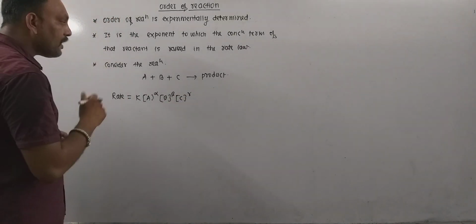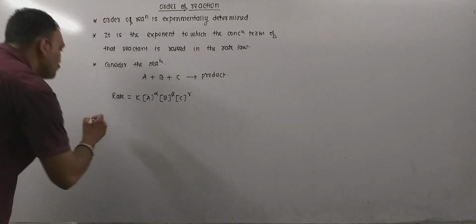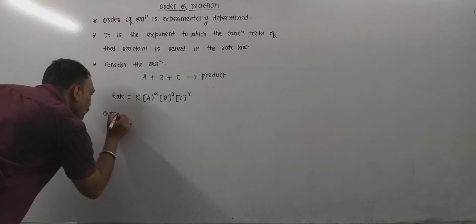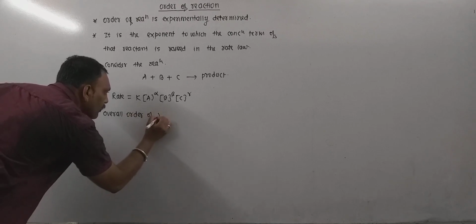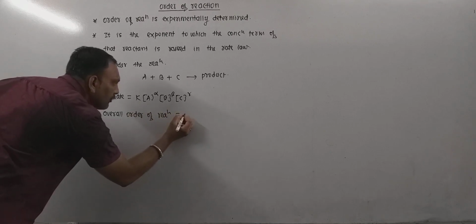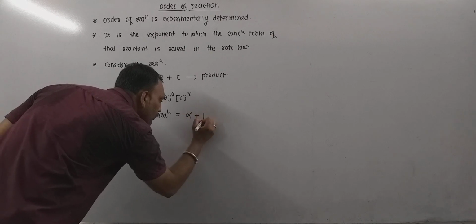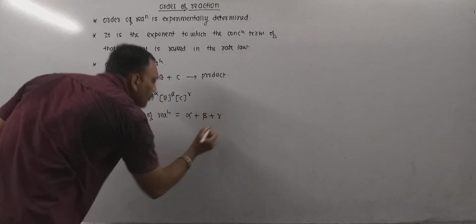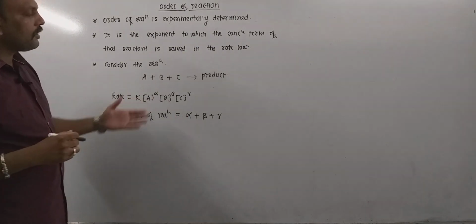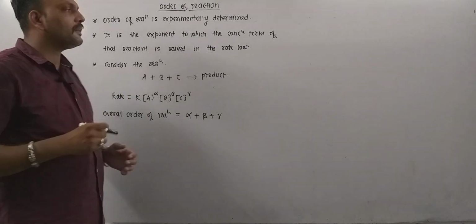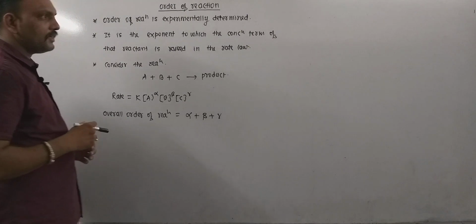So the overall order of reaction will be alpha plus beta plus gamma. This gives the overall order of this hypothetical reaction.